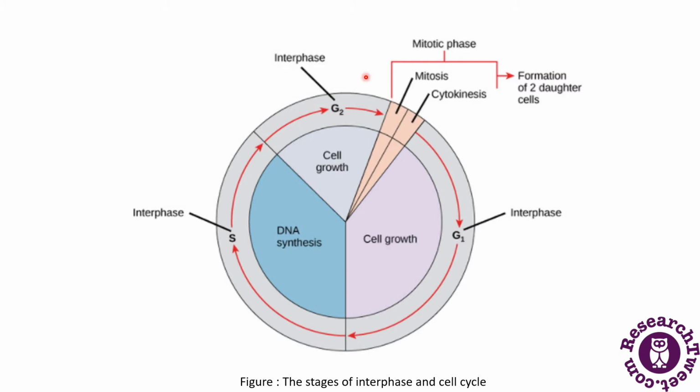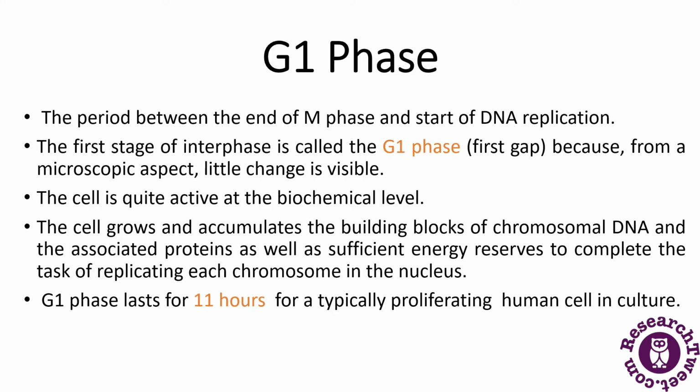So now we will be discussing the first major phase of interphase, that is the G1 phase, that is also called the cell growth phase. So G1 phase is the period between the end of the M phase and the start of the DNA replication. So it is the first stage of interphase.